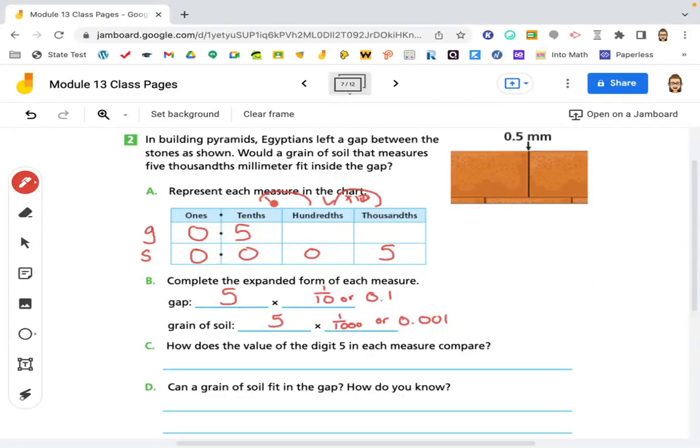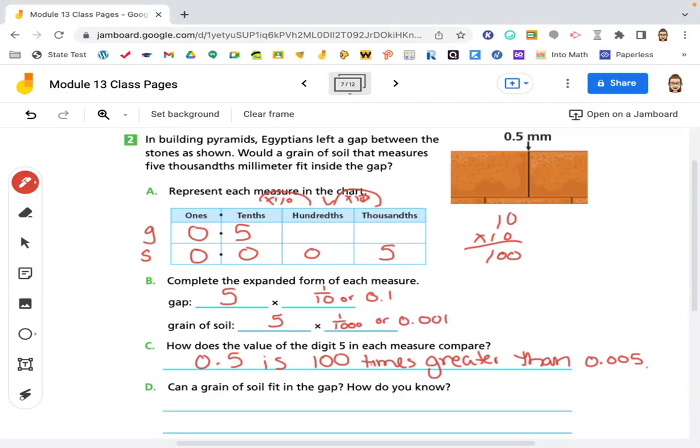From here to here, times 10. So that means if I multiply 10 times 10, that's going to give me 100. So that means that 5/10 is 100 times greater than 5 thousandths.